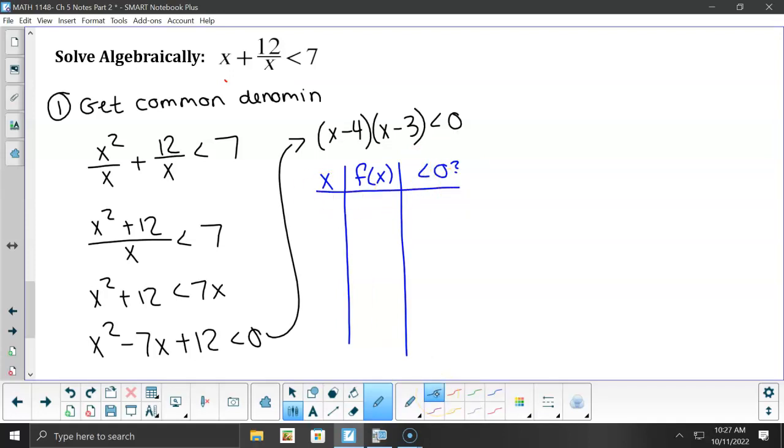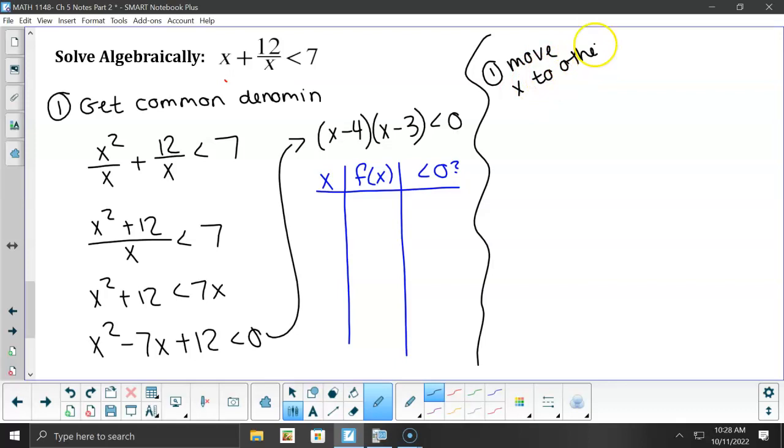The other way gets you to this table as well. Do you guys just want me to write the table, or how you solve it that way? So the other way to solve it is moving the x over. That's what you did. So I'm going to do this one in x plus 12.